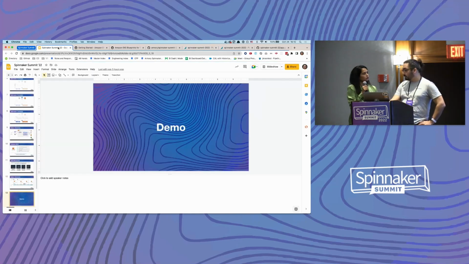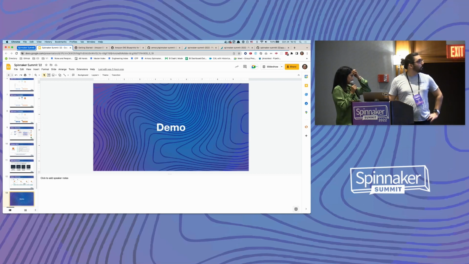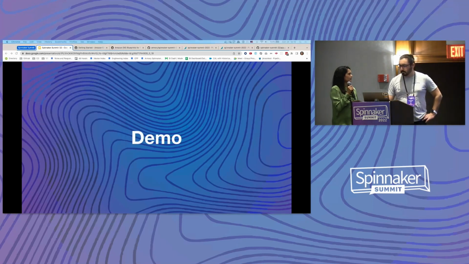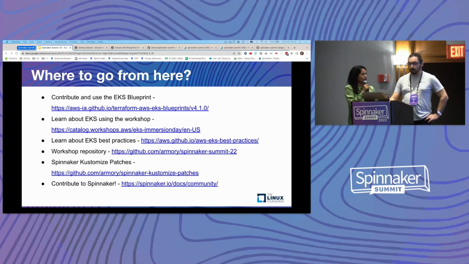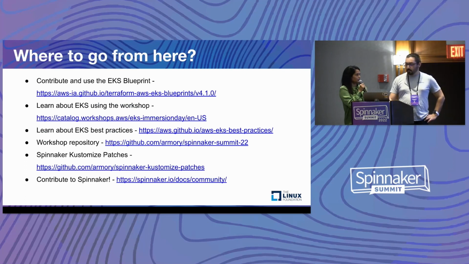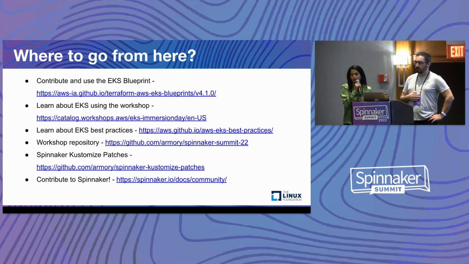So going back to the slide. If you are interested and excited about this, please feel free to look at this information over here. The first link actually points to the EKS Blueprints that we have used for today's demo. You can contribute as well if you want to contribute any modules into it.